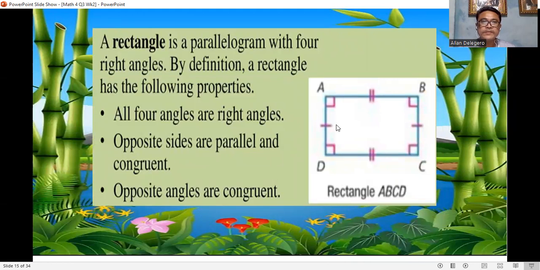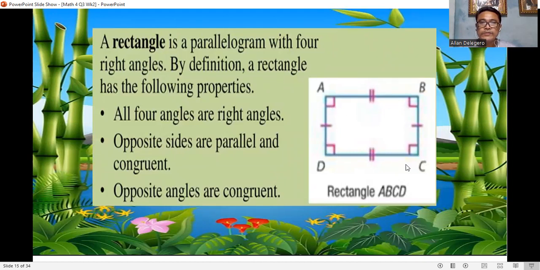Rectangle. A rectangle is a parallelogram with 4 right angles, A, B, C, and D. By definition, a rectangle has the following properties. All 4 angles are right angles or 90 degrees.